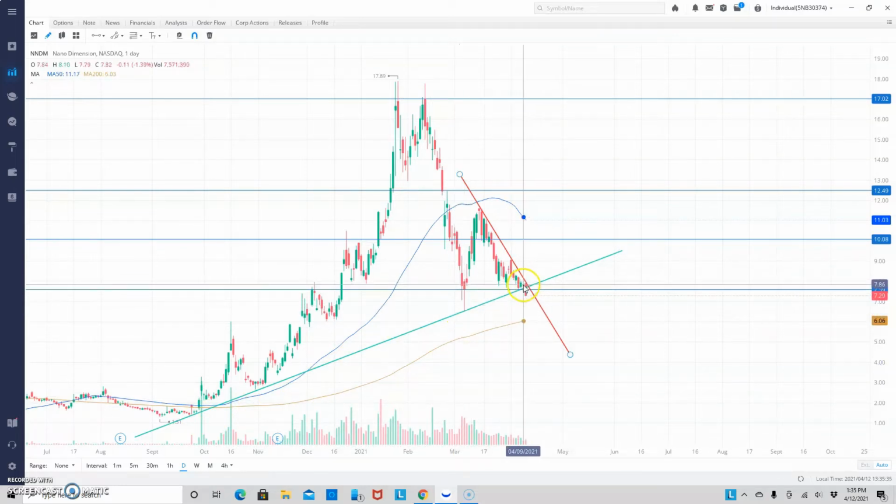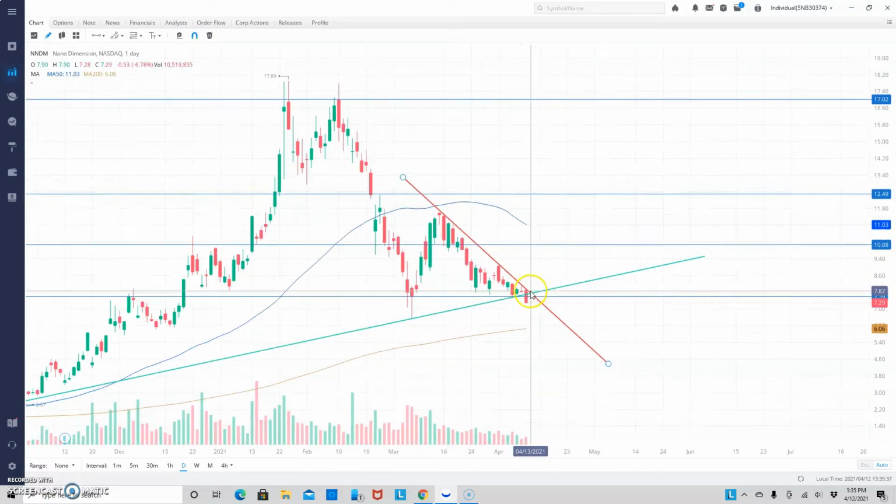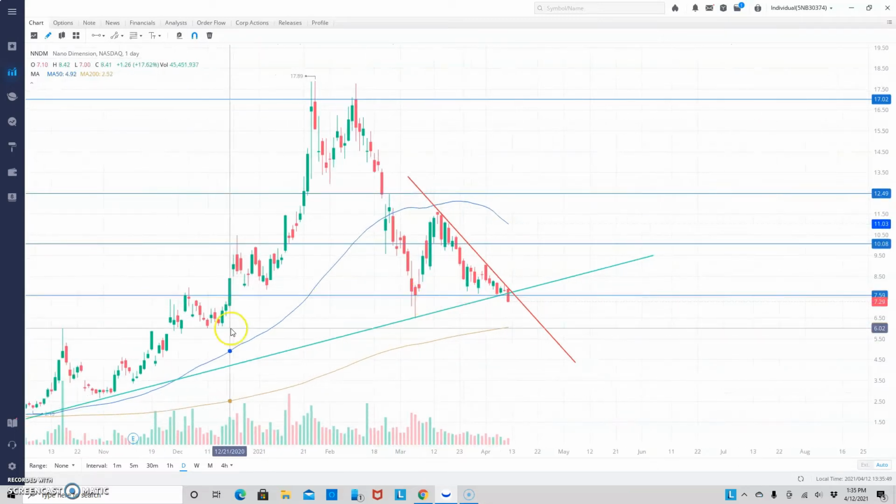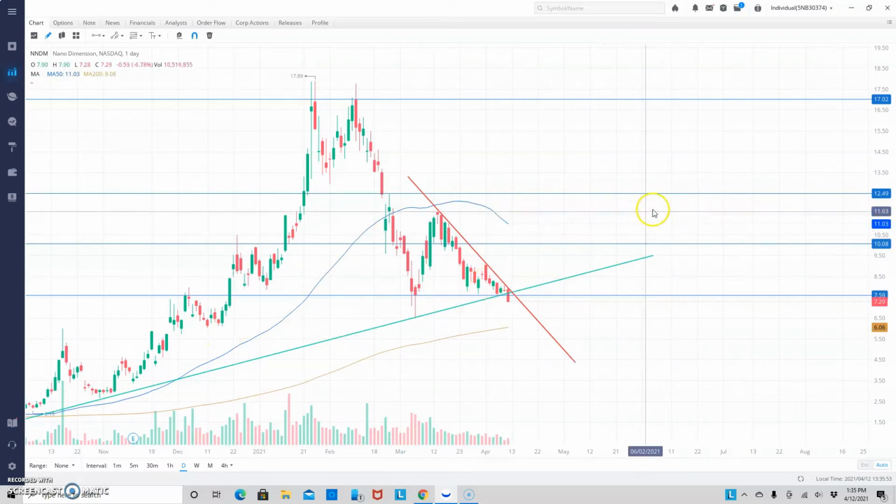And I kept it going over in this area right in here. Okay, so I shot it through the bottom of this candle right here. And I just kept it going over here. So that was my uptrend, and that was my trend line that I was expecting it to follow to keep going up if it was going to continue on an uptrend in the future.